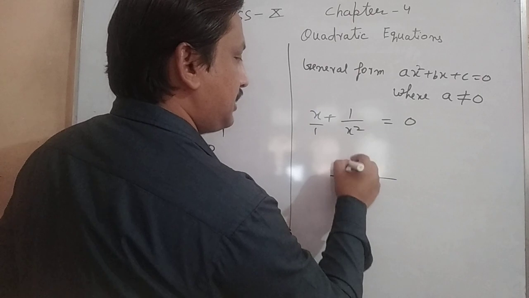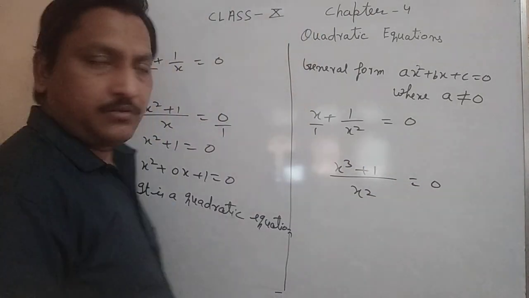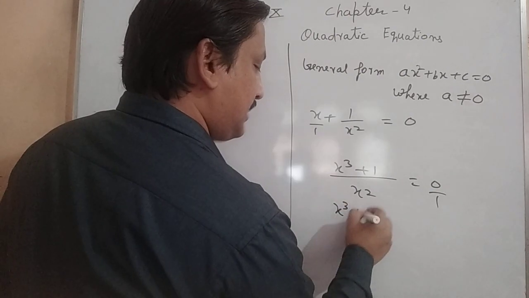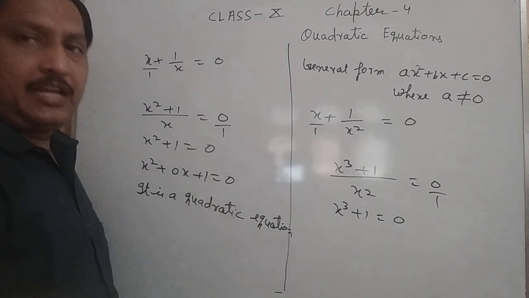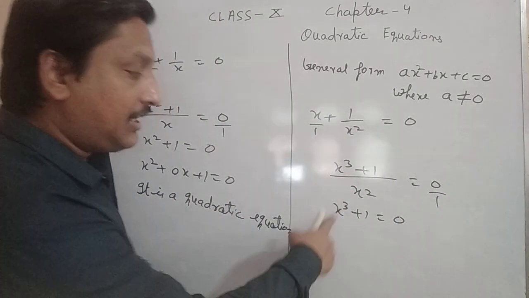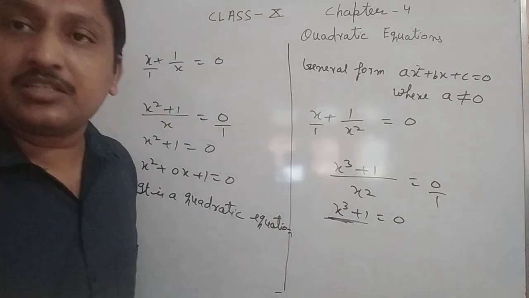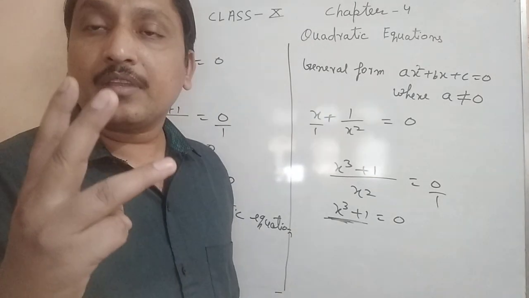Now this is x cube plus 1 equals to 0. Now cross multiply. This is x cube plus 1 equals to 0. Now it is the simplest form, and clearly we see the degree of this equation is 3.